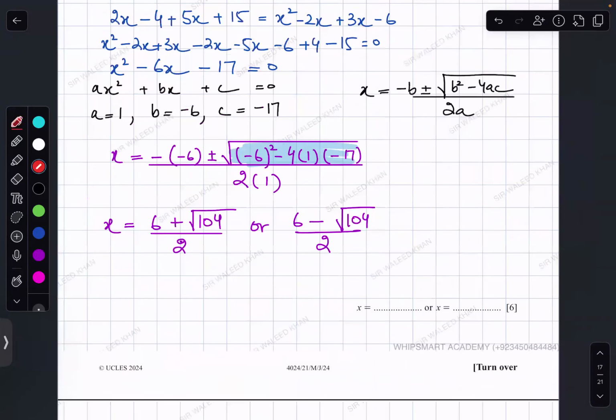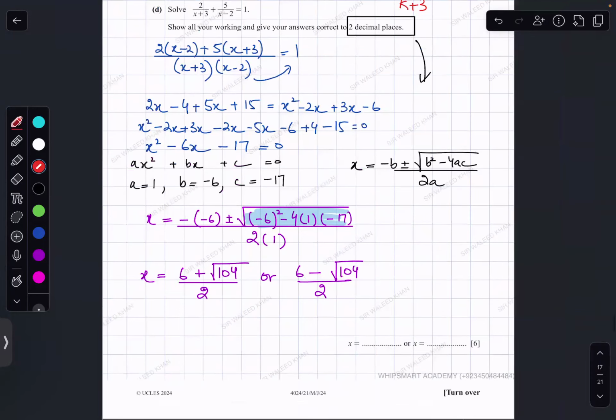What should the answer be? Yes. What is written? 2 decimal places. So tell me the final answer. 2.09, negative 2.09 and 8.09.